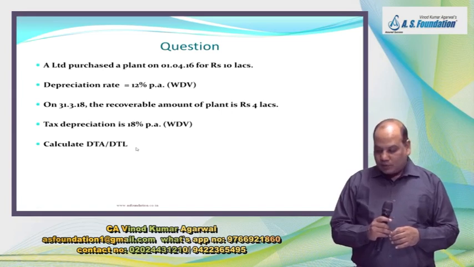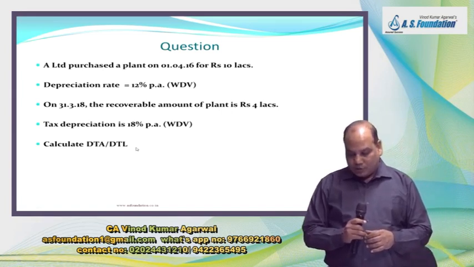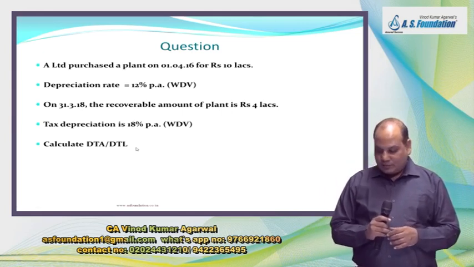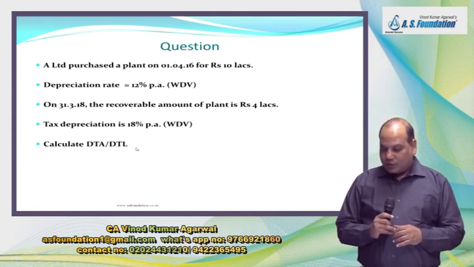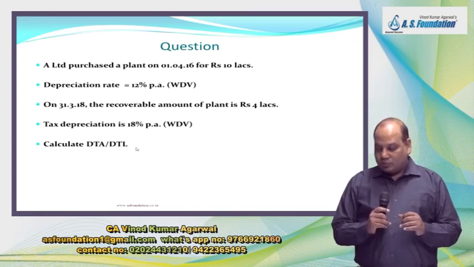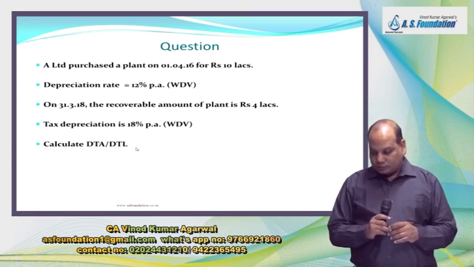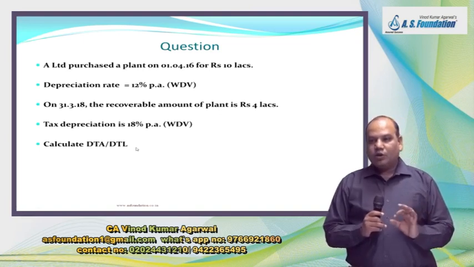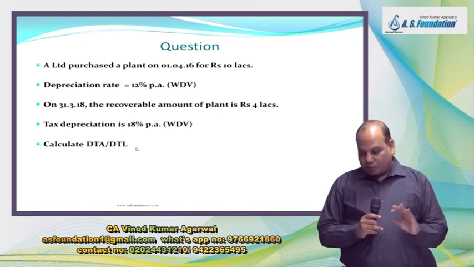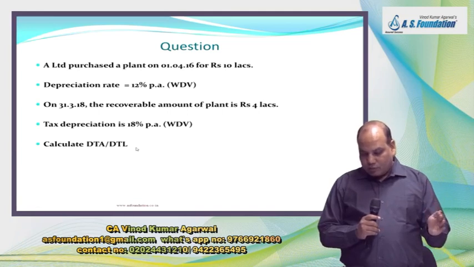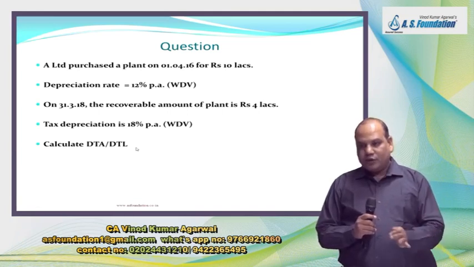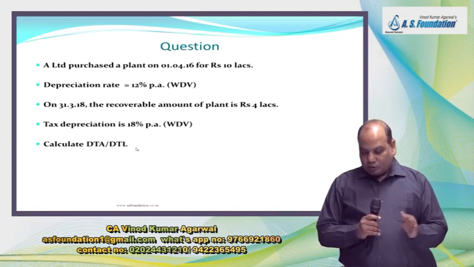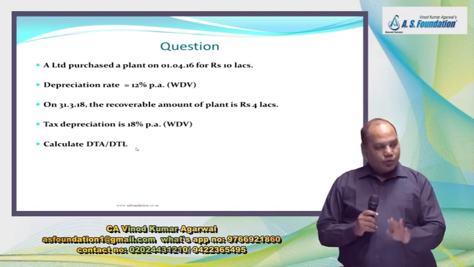Depreciation rate is 12% per annum on WDV basis. On 31st March 18, the recoverable amount of the plant is rupees 4 lakh. So what I need to do is check whether there is an impairment loss or not, by first finding out the carrying amount after 2 years in the books, then comparing it with 4 lakh.